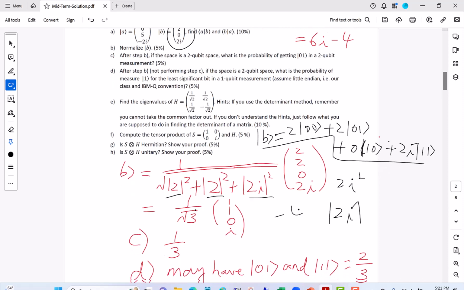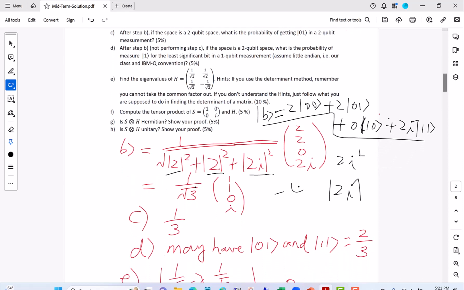And then a question is asked after this normalization: what is the probability of getting 0, 1 in a 2 qubit measurement? Then, of course, it is just the coefficient for 0, 1. Again, this is 0, 0. This is 0, 1, right?